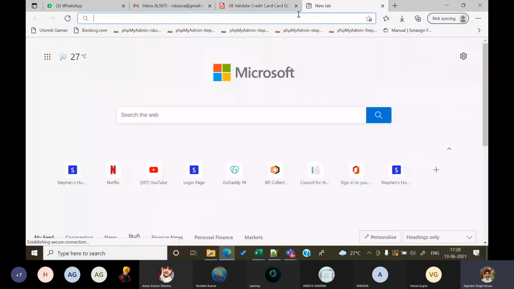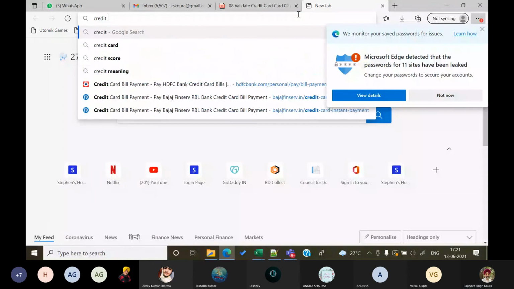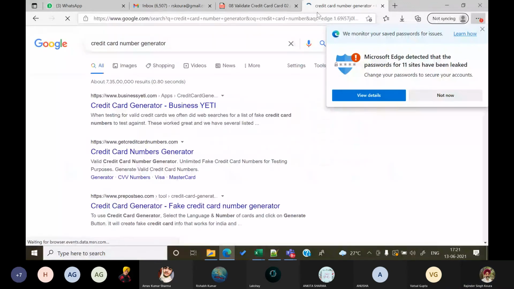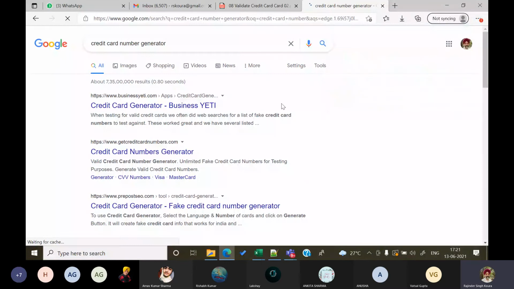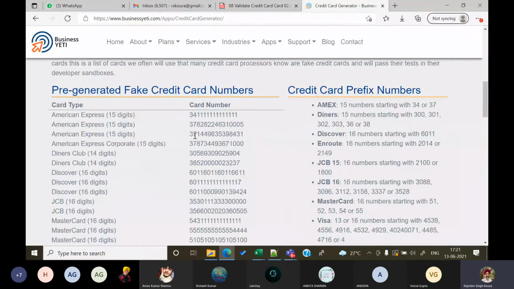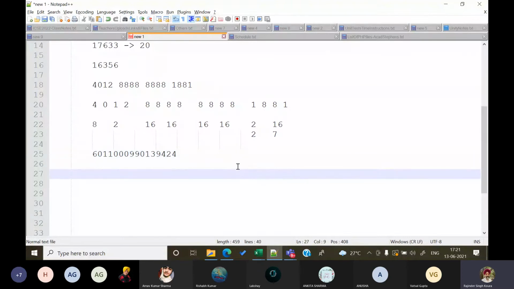Let me go to a site. So let's take any number. It's basically a Discover card, so it starts with a 6. Let's take this number and perform the process.